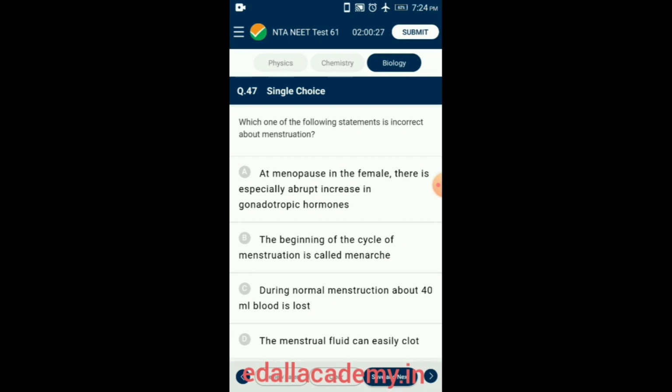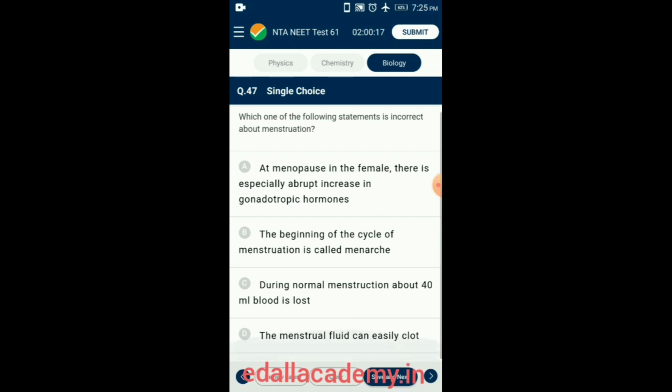But when the period is heavy and blood is rapidly expelled, there is not enough time for anticoagulants to work, which enables clots to form. So the answer for this question is option D. The menstrual fluid can easily clot.